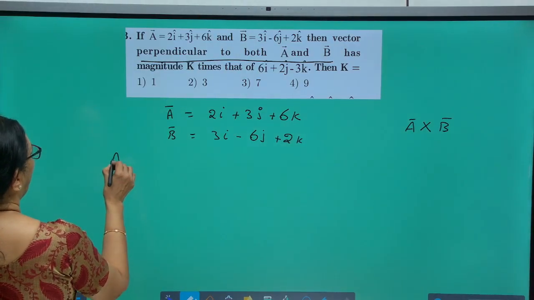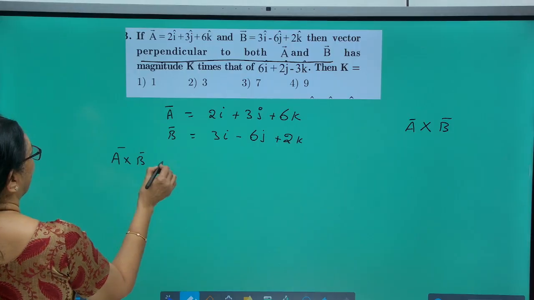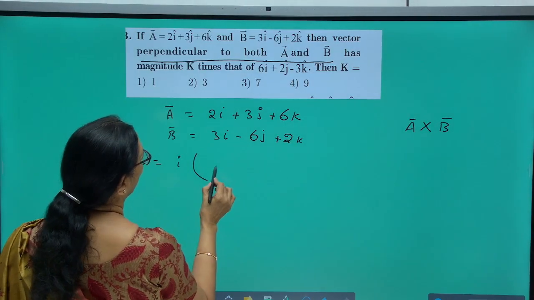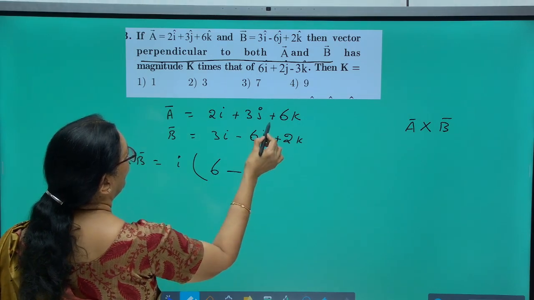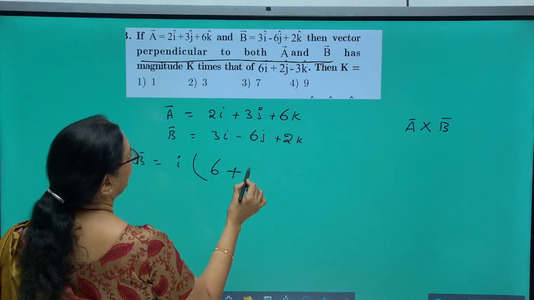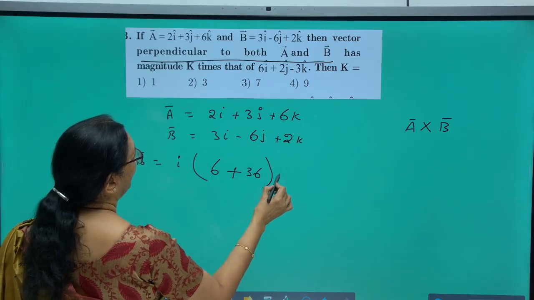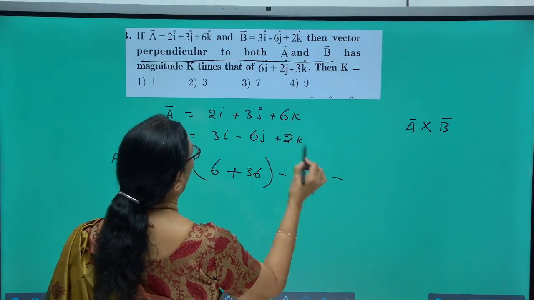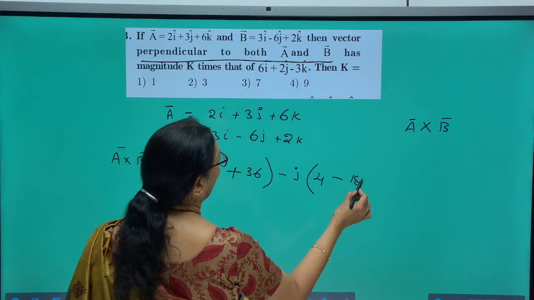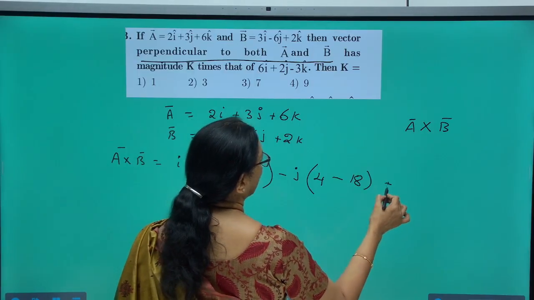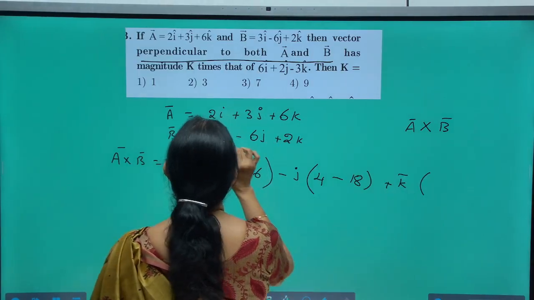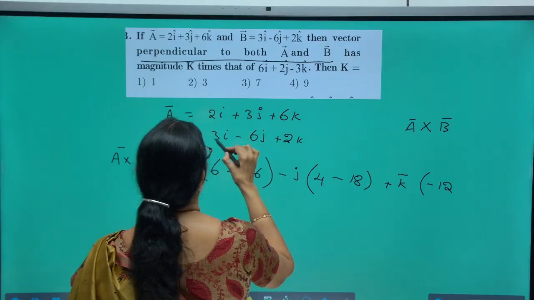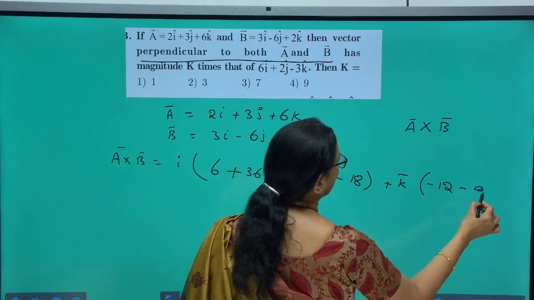Okay, A bar cross B bar is equal to I bar into 3 2s are 6, minus of minus 6 into 6, that is plus 36, minus J bar into 2 2s are 4, minus 3 6s are 18, plus K bar into 2 into minus 6, minus 12, 3 3s are 9, minus 9.